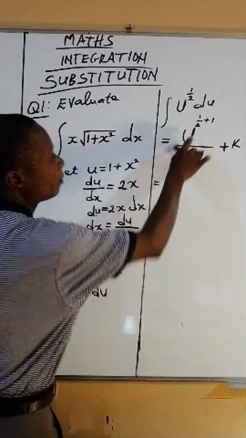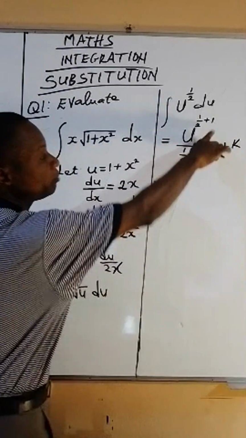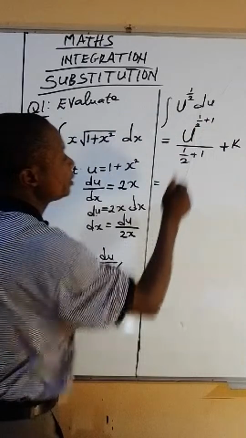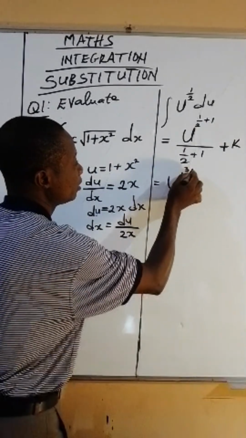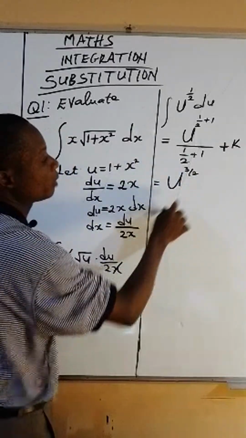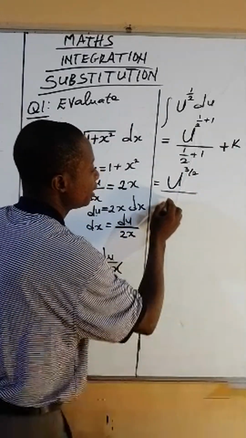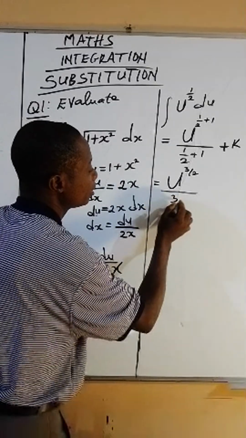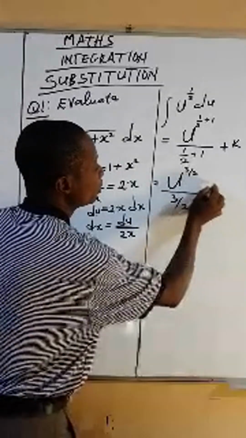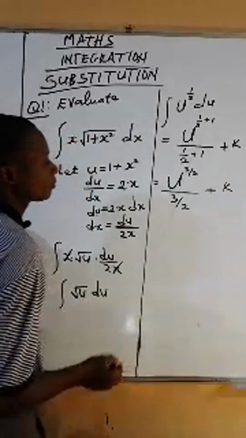So integrating means adding 1. So half plus 1 is 3 over 2. So this gives us u raised to 3 over 2 divided by 3 over 2, then plus k here.